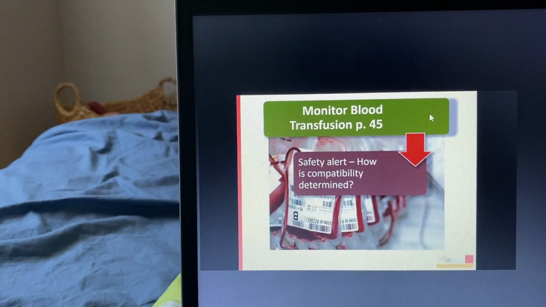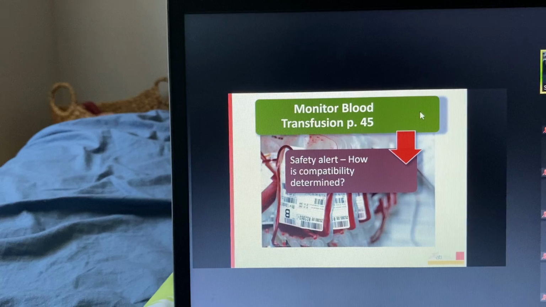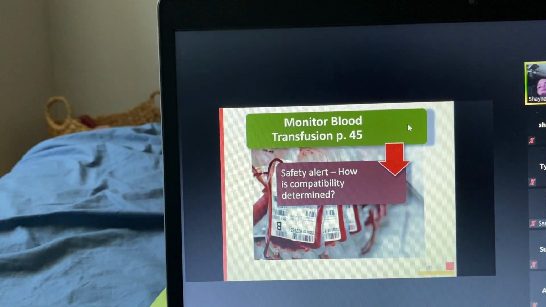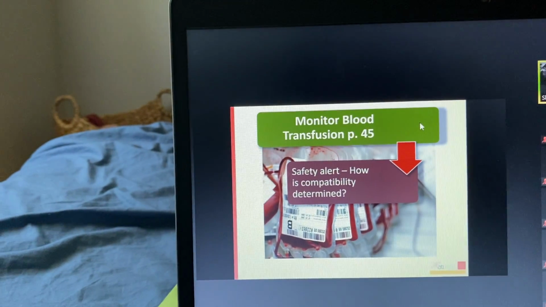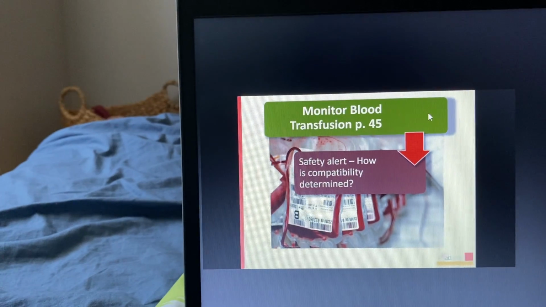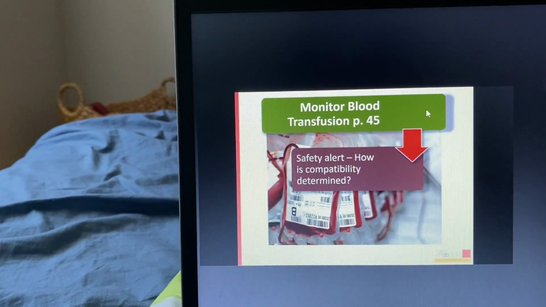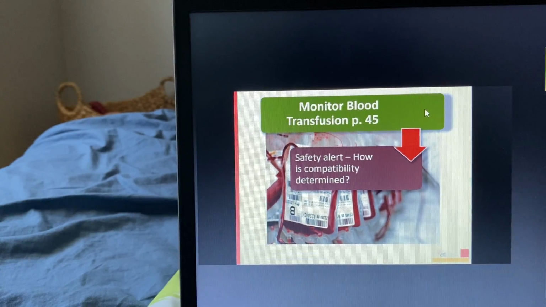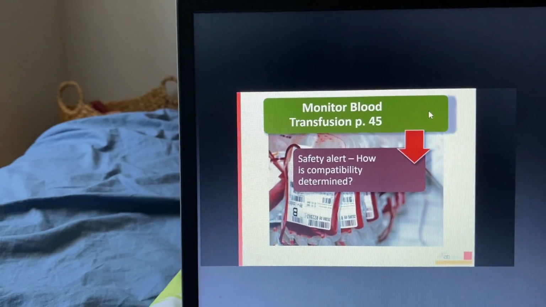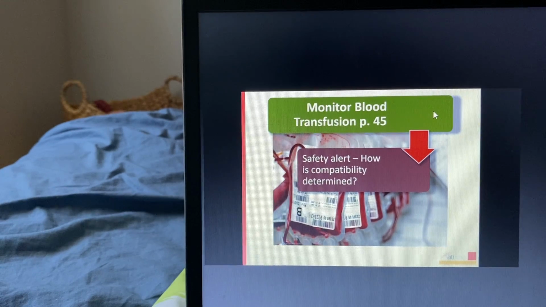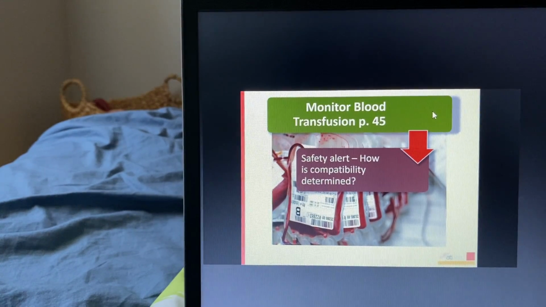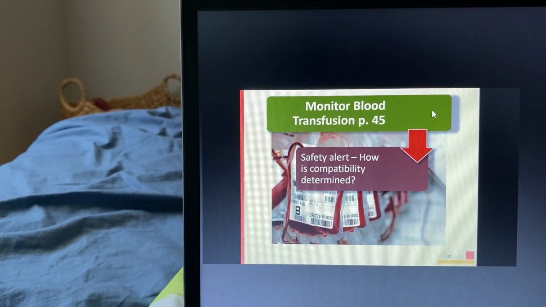So the opposite is true in the person who is the universal donor. The universal donor is O negative, meaning they can give their blood to anybody else. AB positive is the universal recipient. They can receive any type of blood because they have A antigens, they have B antigens, plus they have Rh factor.